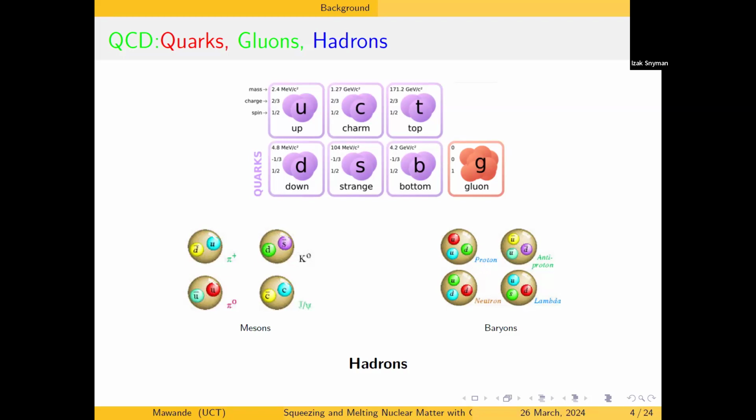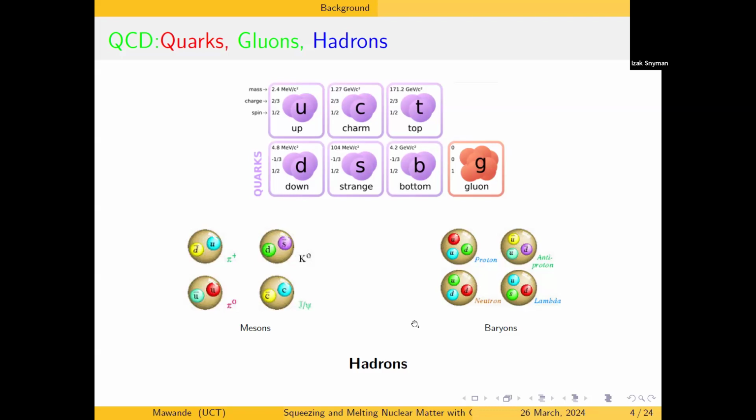It's not a color you can see, it's a quantum number, but color was a useful metaphor to explain these color-neutral bound states.